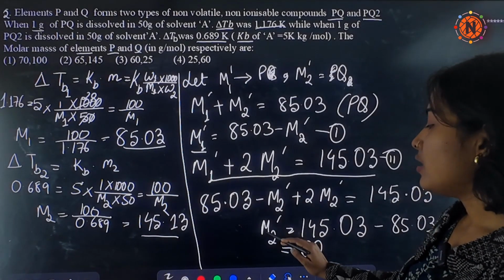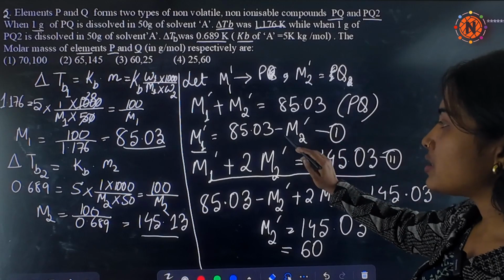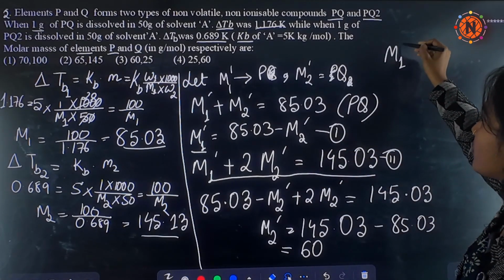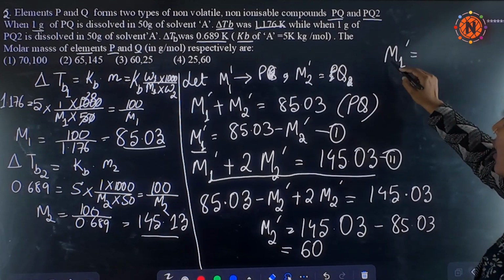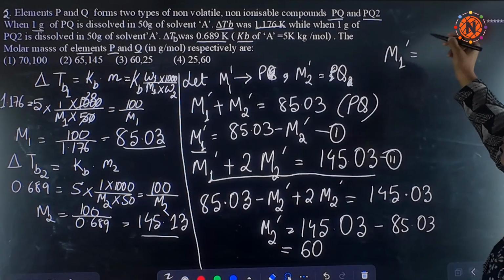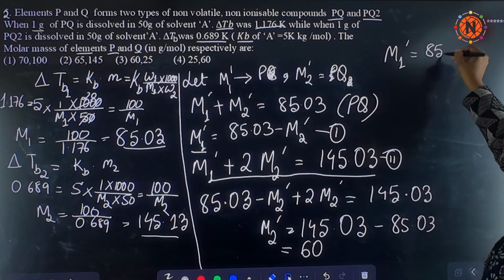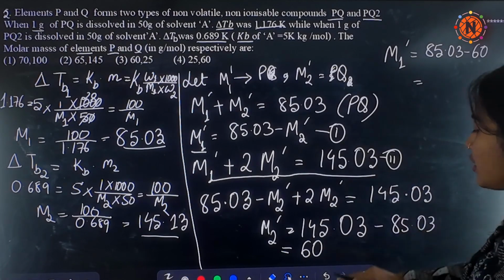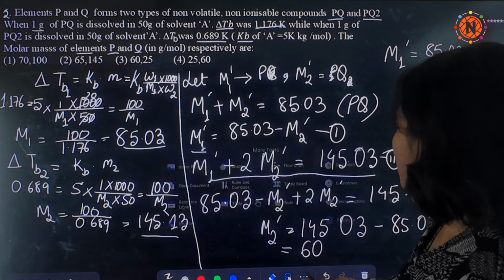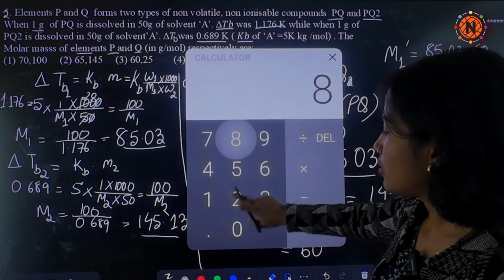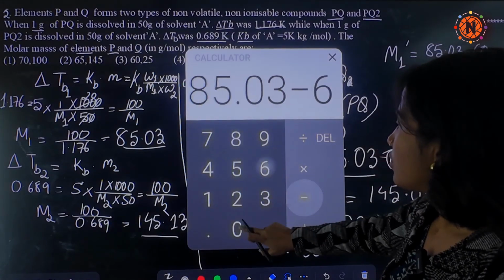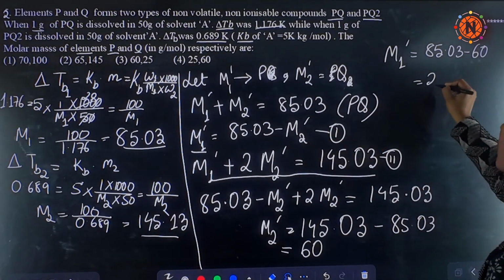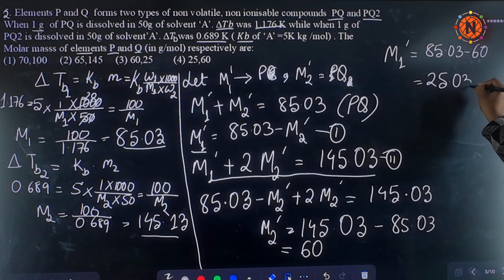After finding the molar mass of Q, if I put this in equation number 1, I will get the molar mass of P that I have considered as M1 dash. So it will be 85.03 minus 60, that will give me 25.03, correct?